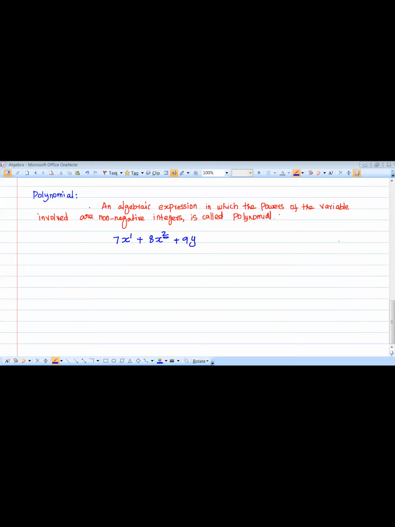Sir, that means any algebraic expression is a polynomial? Any algebraic expression is a polynomial, with the condition that the power of the variable is non-negative. Understand clearly? So, Rishika, we can say any algebraic expression is a polynomial, but what is the major condition? The power of the variable should be a non-negative integer.